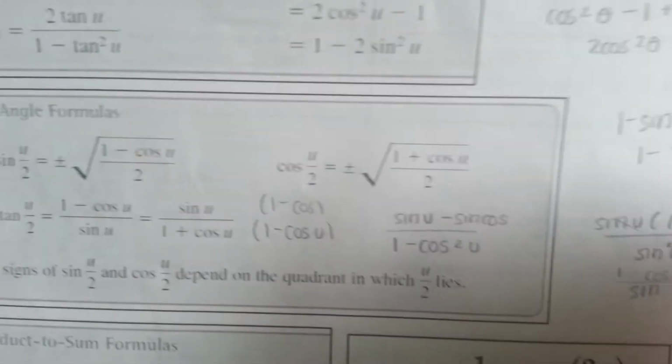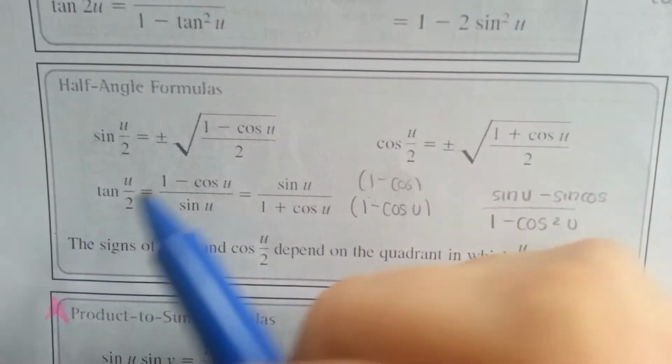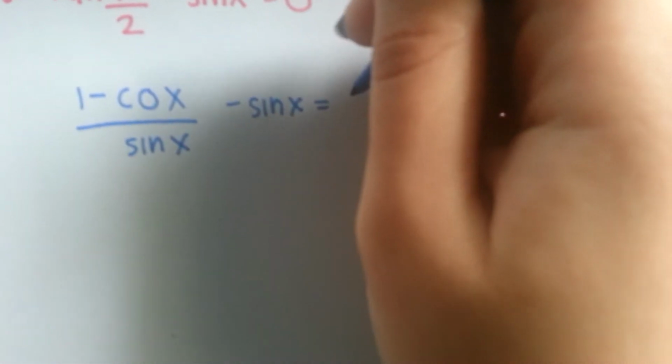So we have tangent x over 2, so we can easily use this formula. So we're going to use this first one because it's easier. Okay, so we're going to plug in 1 minus cosine of x all over sine of x minus sine x equals 0.